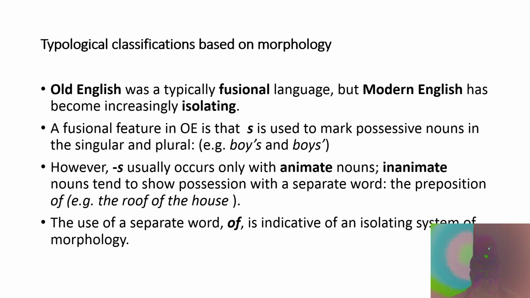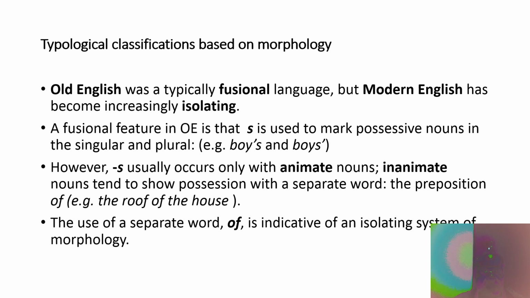So, in modern English, we say the roof of the house. We cannot say the house's roof because the house is inanimate and it does not take the apostrophe S. So we have to make it an isolating. By isolating, we mean we have to use an isolated word to express possession. And this word is of.